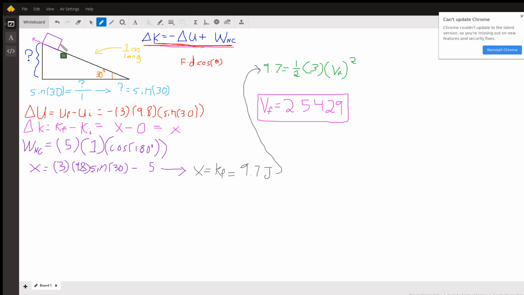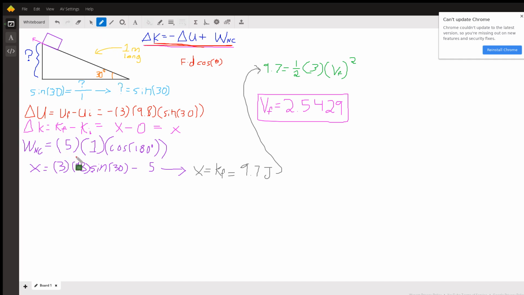So the box is going in this direction, and the force applied is going in the opposite direction. So the angle between them, that's a horrible theta, but the angle between them is 180 degrees, which just equals -1. So that's just a fancy way of saying friction force is doing negative work on the box.